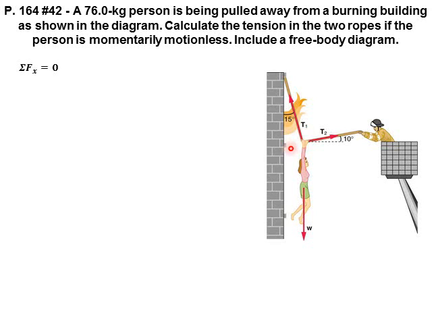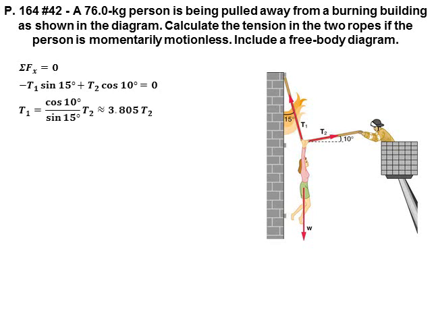So it's going to be tension 1 sine of 15 degrees, and that's also to the negative direction. It's to the left, so we put a negative in front of that. Force 2 is going to be to the right, so it's positive, and it's going to be cosine of the 10-degree angle. So it's tension 2 cosine of 10 degrees. So we add those together, and we get a net force of 0 in the x direction.